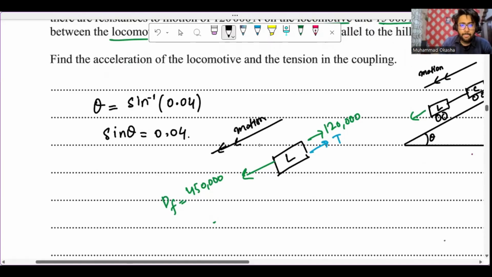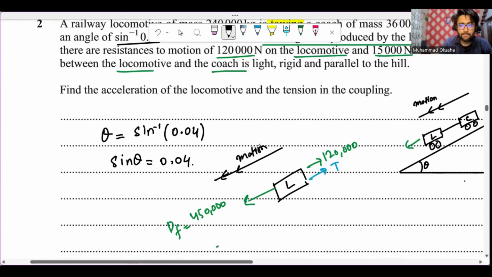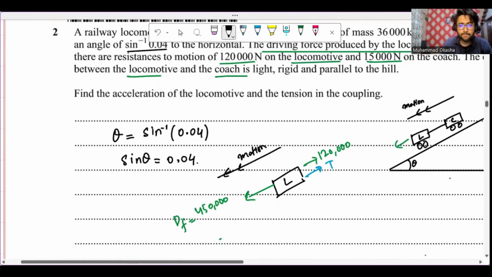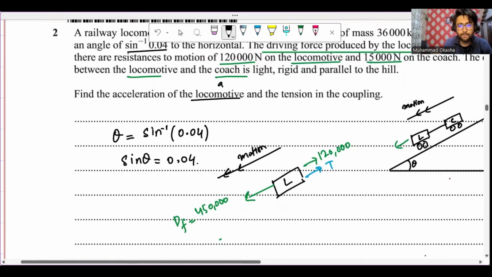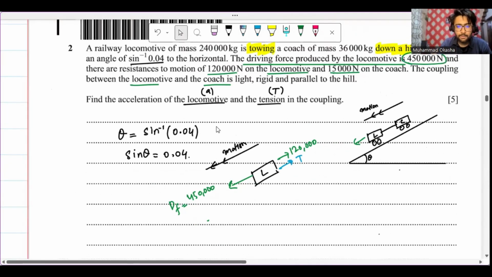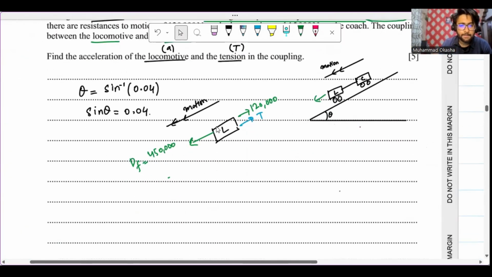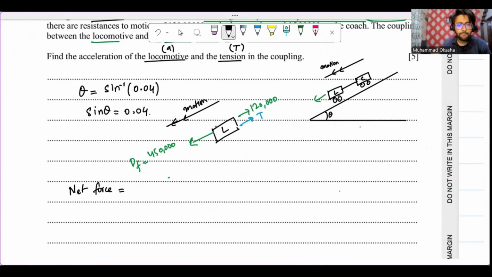Right. We need to find the acceleration of the locomotive. So we need to find the value of a, and the tension in the coupling. We need to find the value of tension as well. Because the motion is in the downward direction, we'll do the net force first. Remember the formula that we always use for the net force?